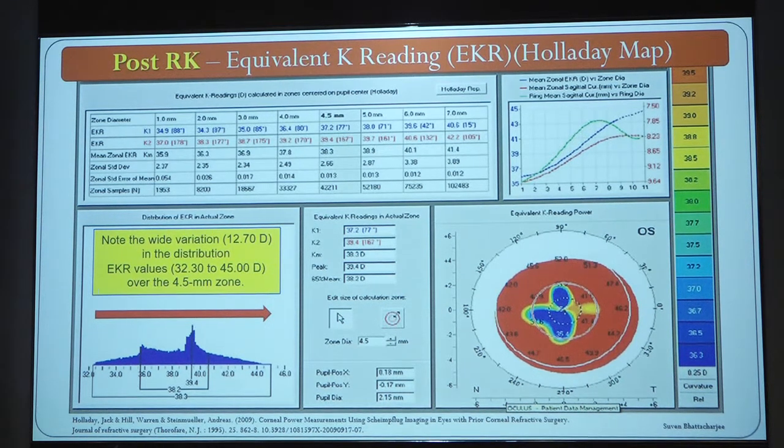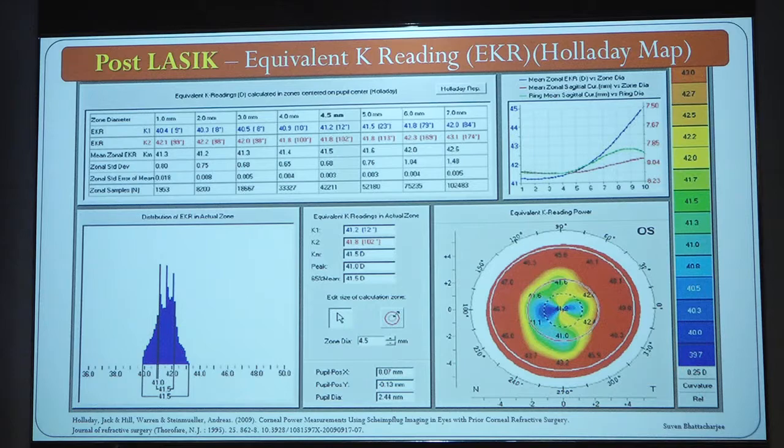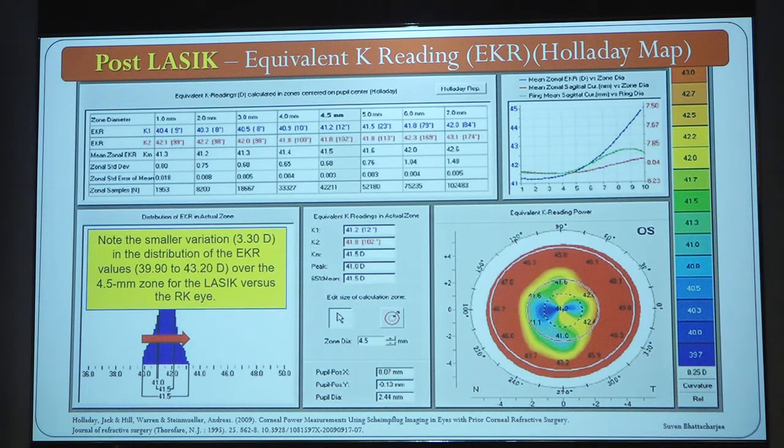That needed to be taken into account, but it is not so relevant now because the other formulae have taken care of this. In post-LASIK, that variation is much less, 3.3 diopters in the same 4.5 millimeter zone. Again, this is more of historical interest.